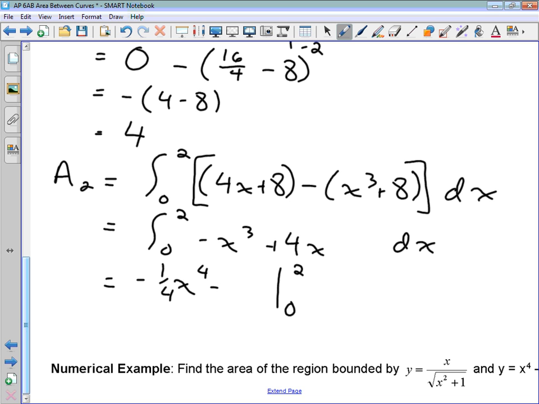Doing that backwards, right? 2x squared. So our antiderivative is going to be -1/4 x to the power of 4 plus 2x squared. We're evaluating this from 2 to 0. When we evaluate it at 0, we're just going to have 0. So we just really need to evaluate it at 2, which is going to give us negative 16 over 4, so negative 4, plus 2 squared is 2 times 2 is 8, which is 4.